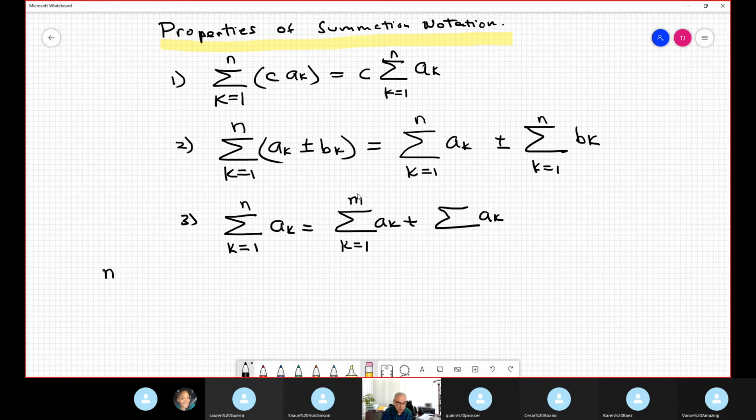Suppose that m is smaller than n. So suppose that we are adding from 1 to 40. I split it from 1 to 20, m is 20 maybe, and for k equals m plus 1, that is 21, to 40. Sometimes we need to do this. It's logic, it's common sense, right? However, this is important.